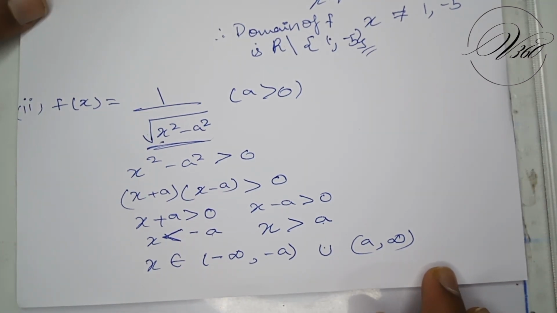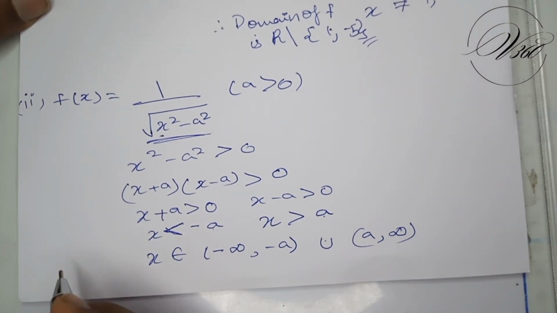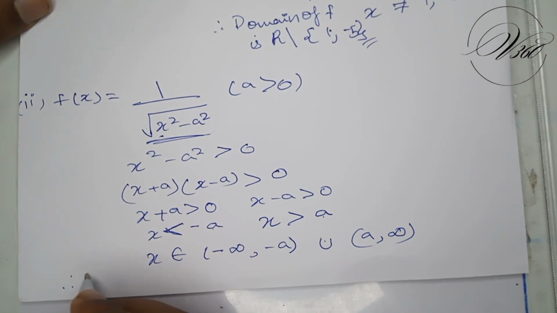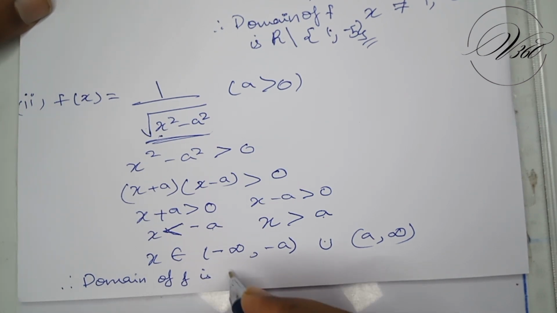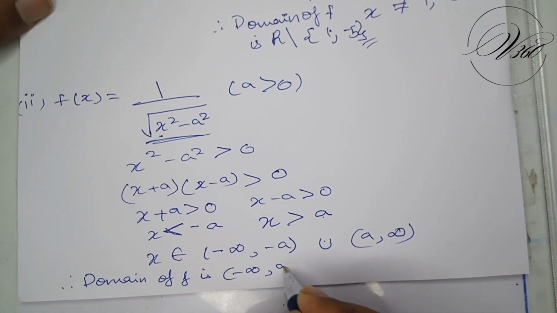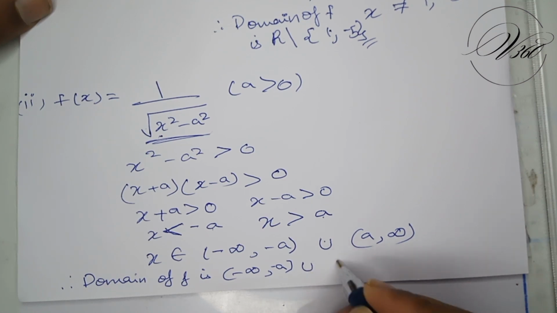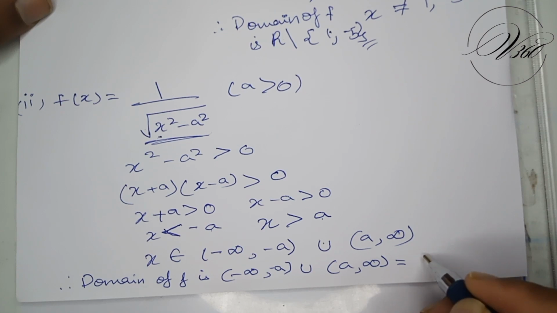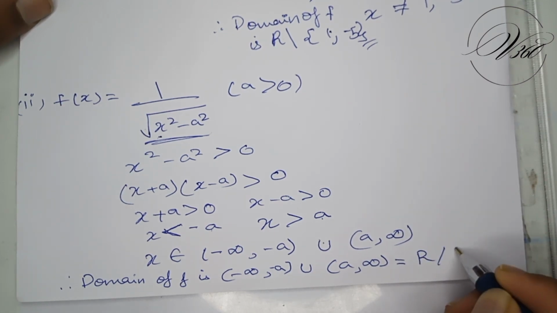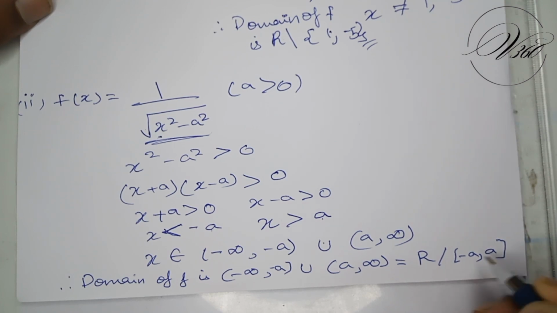Okay, this is the answer, and the original answer is domain of f is minus infinity comma minus a union with a comma infinity, that is equals to R slash minus a comma a. Okay, this is the answer.